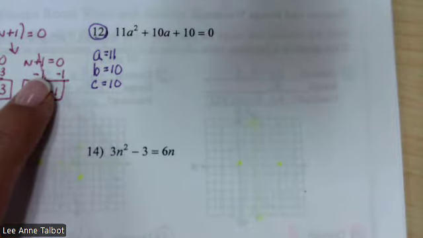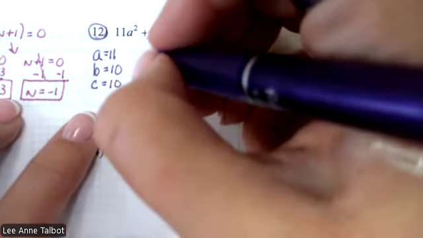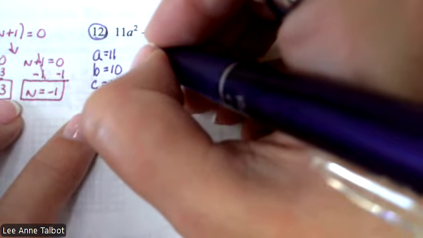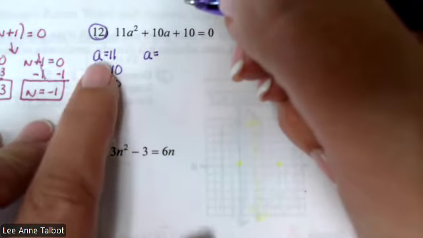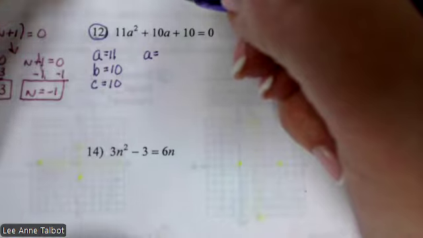So just so you know where the span of the types of problems are. Okay, so the first thing I'm going to do is say A equals 11, B equals 10, C equals 10. Does that make sense to everybody so far? Okay, now I'm going to put the things in the quad formula. The problem has A in it, so I'm going to say A equals, which is really awkward because this is A, but just ignore that.